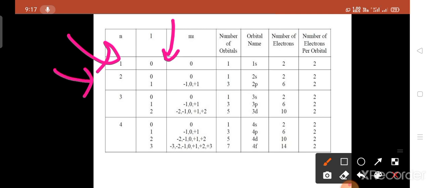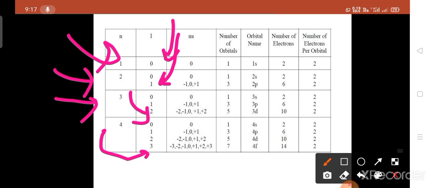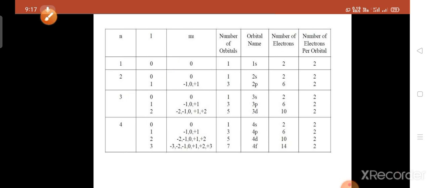If n is equal to 2, then the values of the quantum number are 0 and 1. If n is equal to 3, then the azimuthal quantum number is 2. And if n is equal to 4, then the value of the angular momentum quantum number is 3.